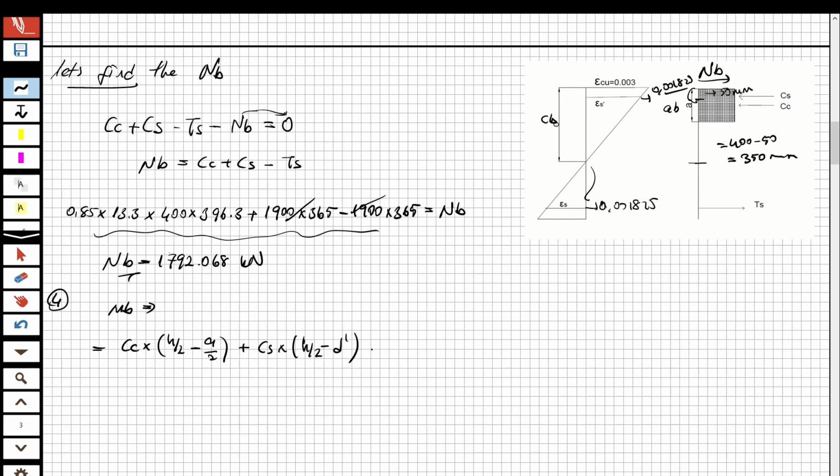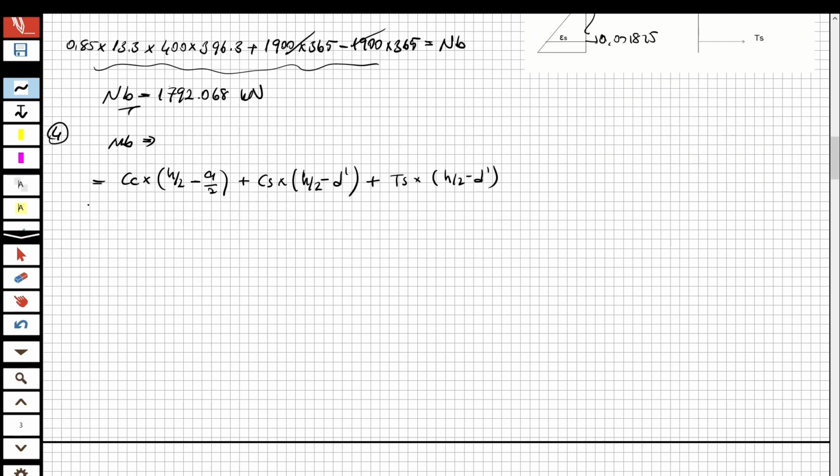Okay, and also plus the moment for the tension steel. This is going to be the tension steel multiplied by h over 2 minus d prime. So let's write it down here. It's going to be 0.85 multiplied by 13.3 for the compression concrete, and 400 multiplied by 396.3 and multiplied by 400 minus 396.3 over 2.